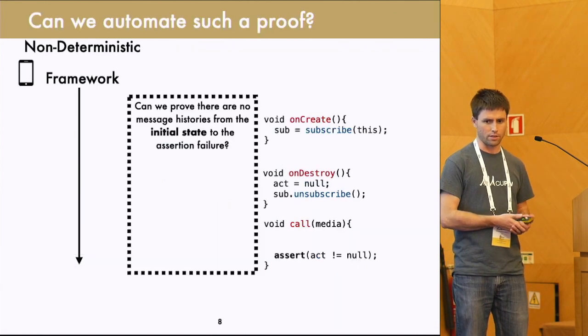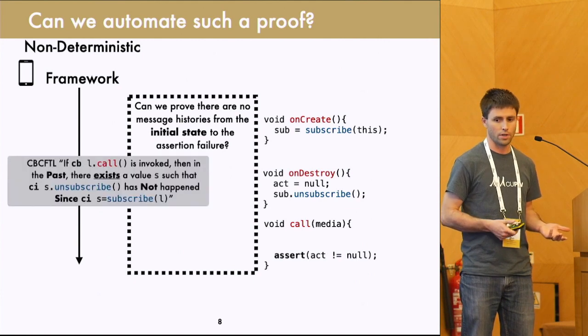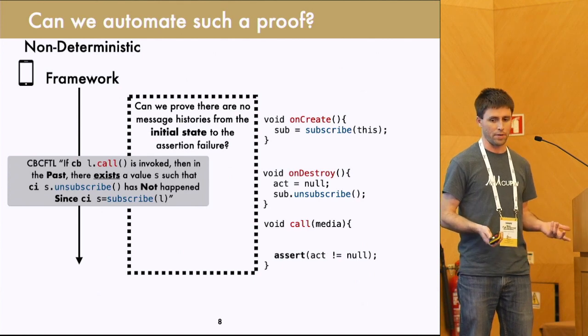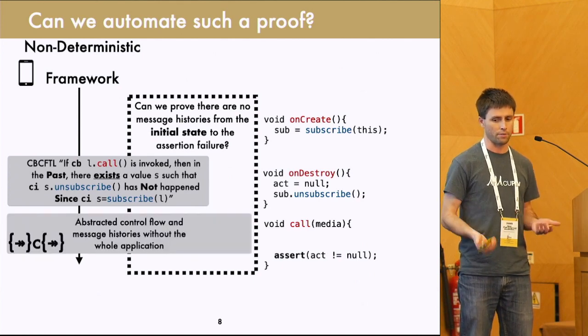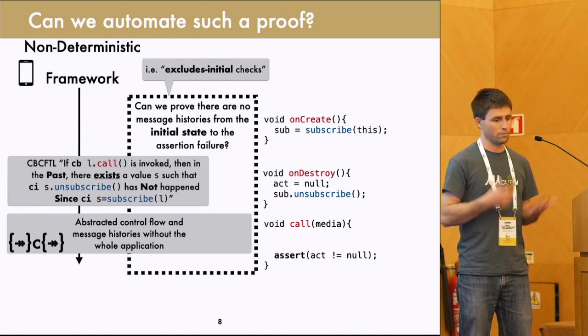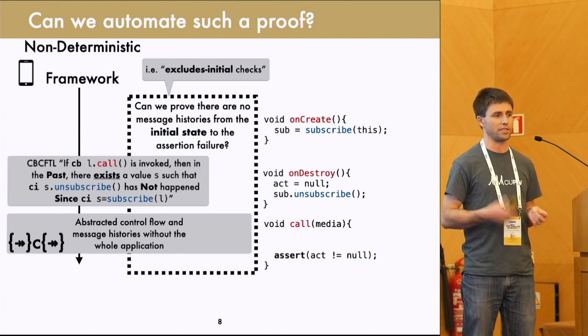And then the next challenge is, can we automate proofs over this? We have our specification of unrealizable framework behavior. We have our message history logic. And we need to somehow figure out what is possible. This boils down to what we call excludes initial checks, which will make sense in a little bit.